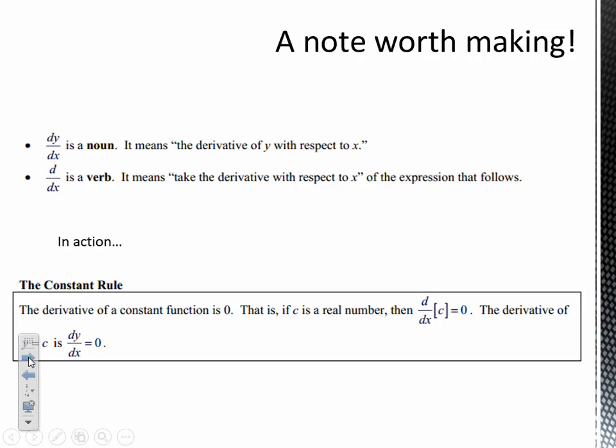So, should we write this down? It's up to you whether you write it down or not, but I want you to understand the difference.